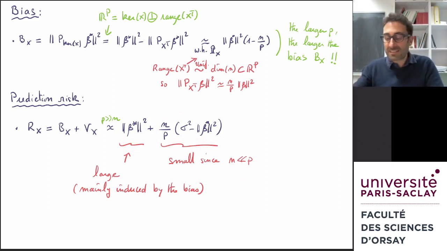So in this setting, we will not have a good prediction risk, but the problem will not come from the variance, but from the bias. This is completely orthogonal to our initial intuition, where we had in mind that in very high dimension, we will have a lot of variance, but a very flexible model, so not a large bias. But here this is the contrary. We will have a large bias, but a variance which is almost 0.